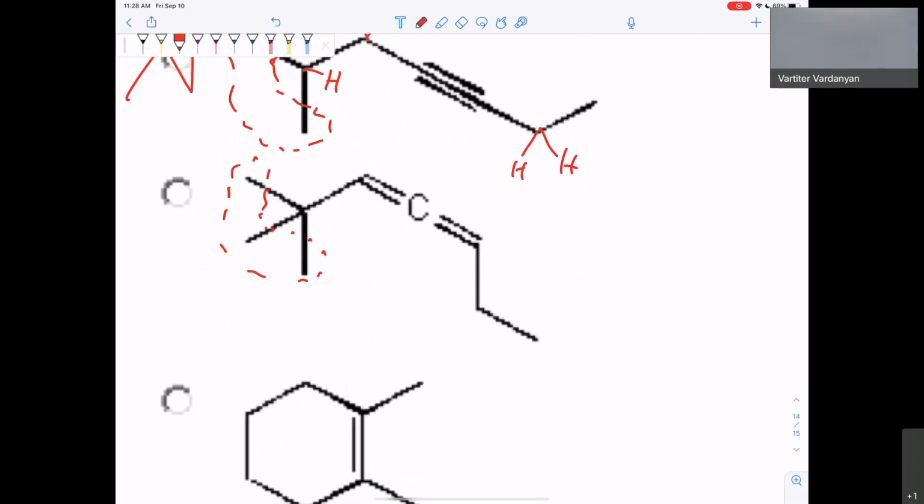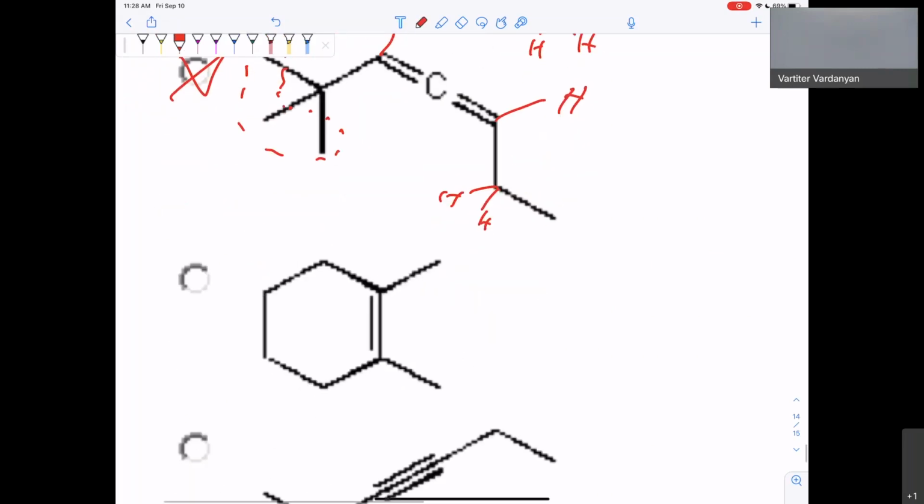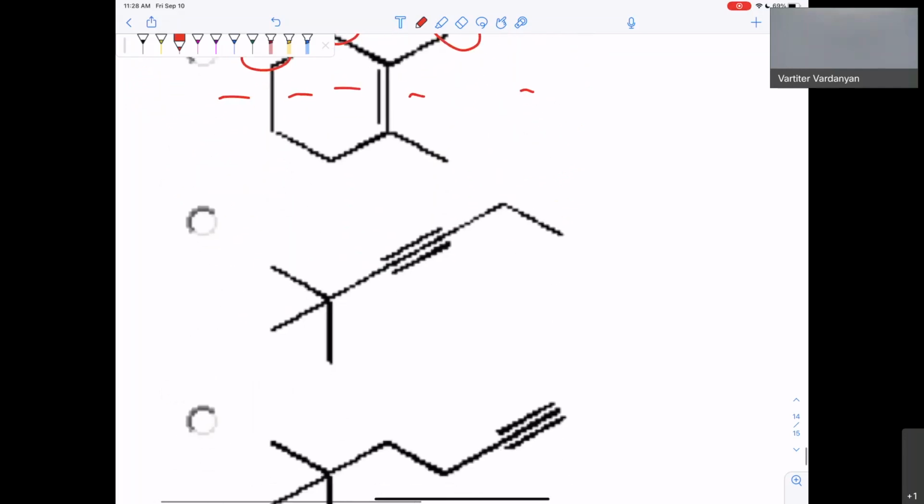So for number 2, these 3 are the same. We have 1 signal here, 1 signal here. That's already 4. Cross it out. Here, we have symmetry. Yes, we have a good old line of symmetry right here. So we have 1 signal, 2 signals, 3 signals. This one could be okay. Partial symmetry again.